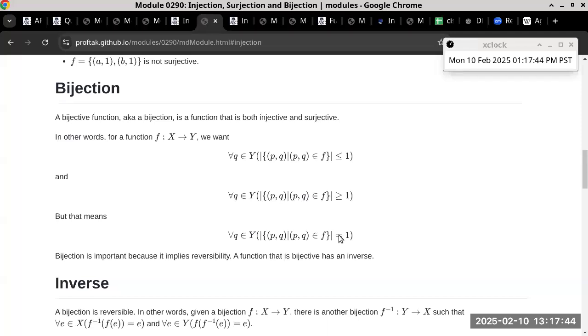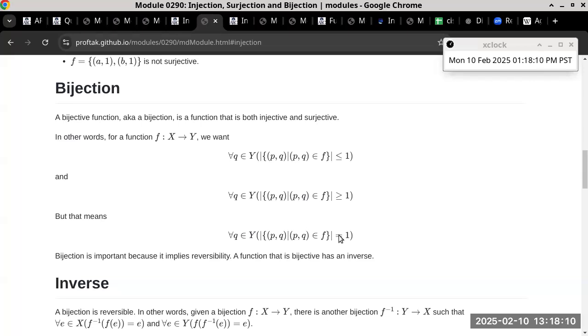Okay, which means from the perspective of everything, it really just means: are we targeting the first member of the tuple or the second member of the two-tuple? That's the only difference. So the description of what it takes to be a function and what it takes to be a bijection is almost symmetric.